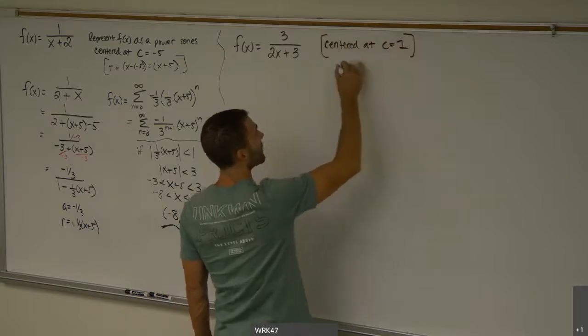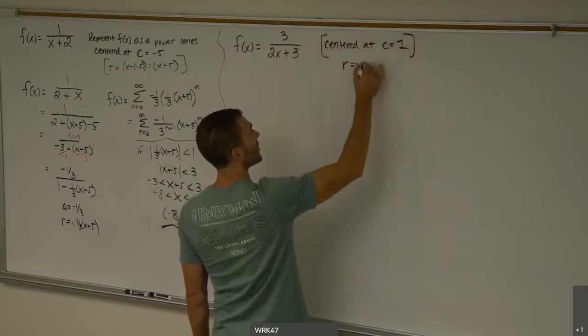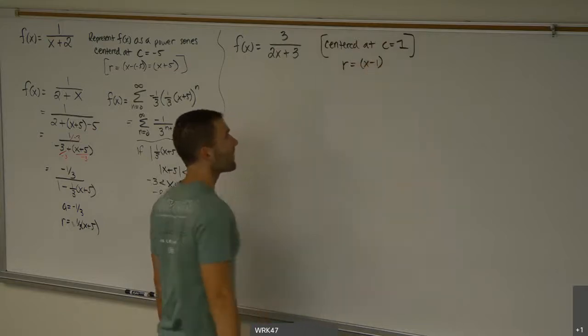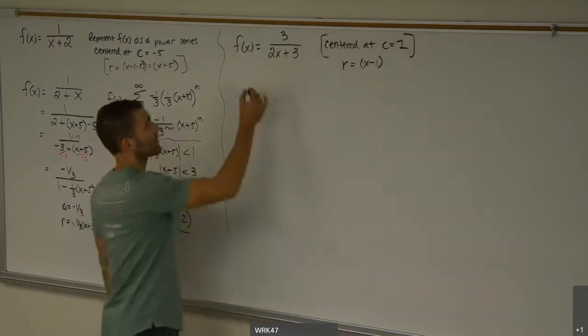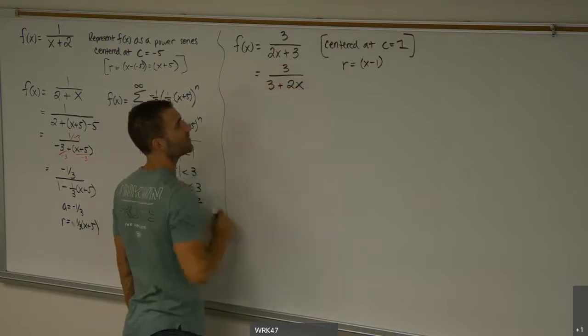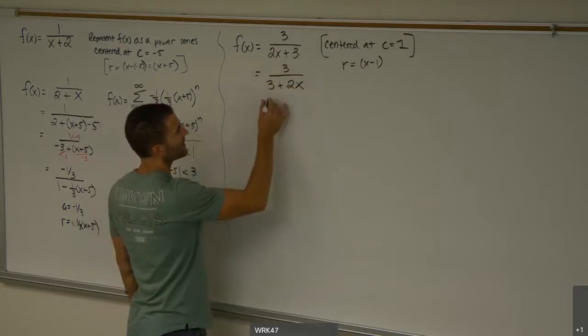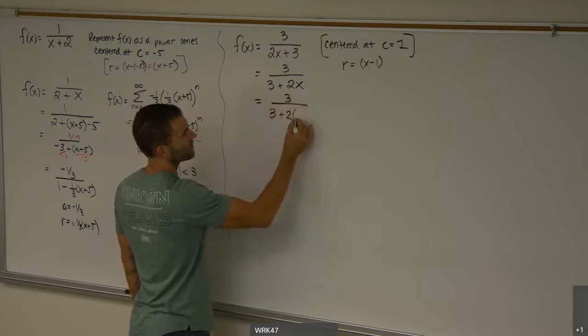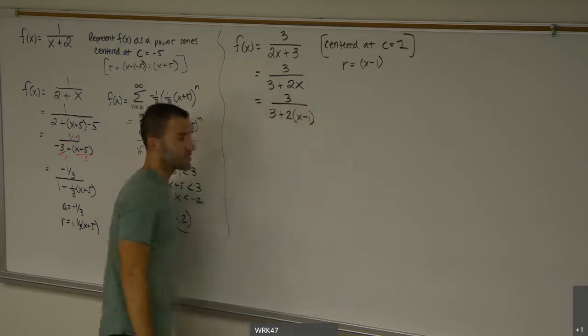We want to find a power series representation, so we want my r to be x minus 1. And so we need to change the way the function looks without changing the function. I'll switch the order. I'll replace x, just x, with x minus 1. The 2 is going to stick there.